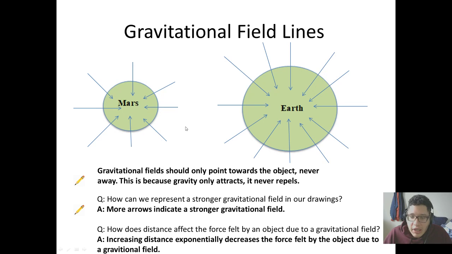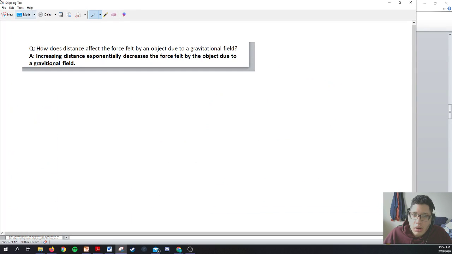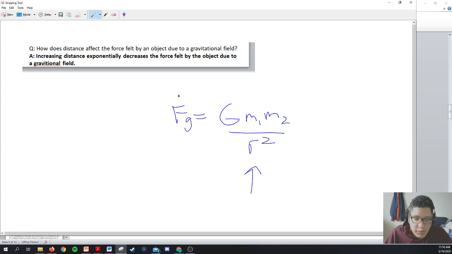And if we think about it, that makes sense based on the formula we've been using this entire time: Fg is equal to G m1 m2 over r squared. If I increase r, it's going to cause an exponential decrease in Fg.